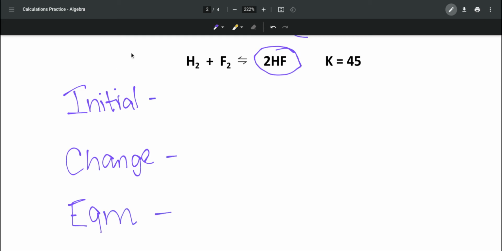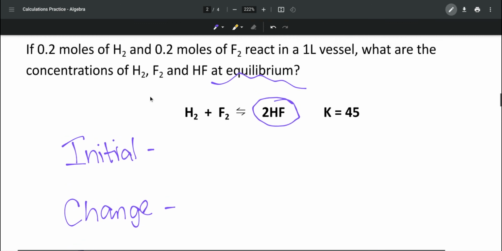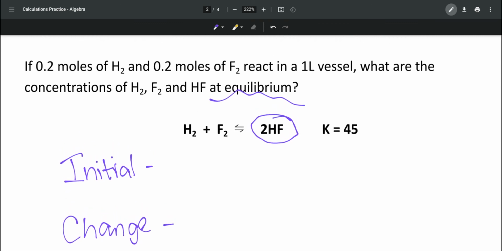What we're going to do is go through each of the examples and think, okay, at the start of this reaction, so that's our initial value, what is the number of moles for each reactant and product? Well, we're told we have 0.2 moles of both reactants, so we can put those in. At the start of the reaction, we don't have any moles of product produced, so that's going to be a 0.